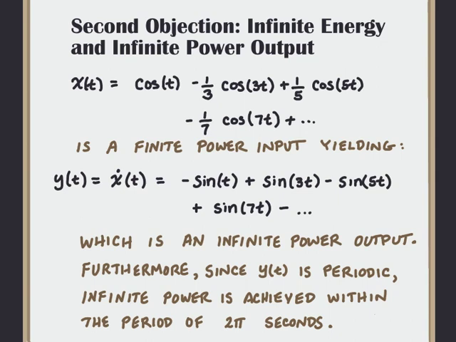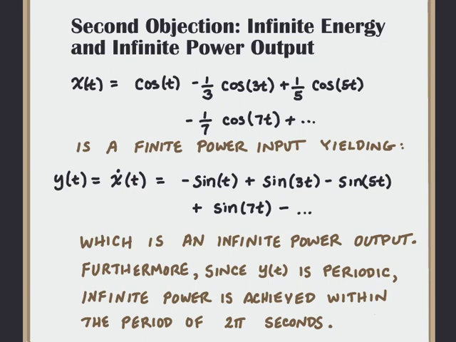And when we put that into our system and take its derivative to form the output, we find it is minus sine t plus sine 3t minus sine 5t plus sine 7t, and so on. It's easy to show this is an infinite power output. So a finite power input yields an infinite power output.